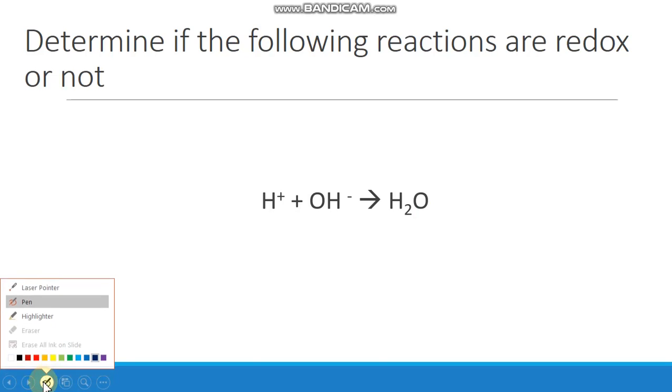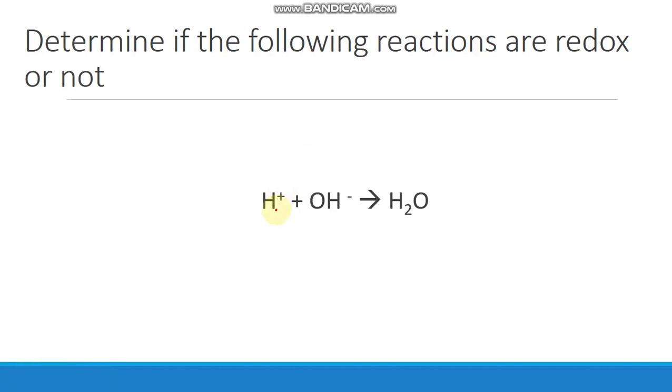I'm going to use the red one now. H+. What's the oxidation number? It's a monoatomic ion, so the charge is +1. Here we have OH. I don't want to look at O now.